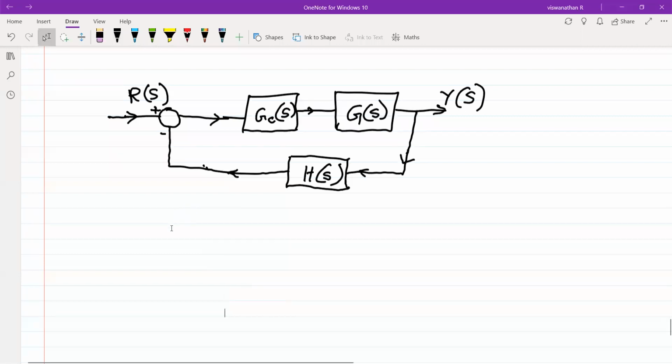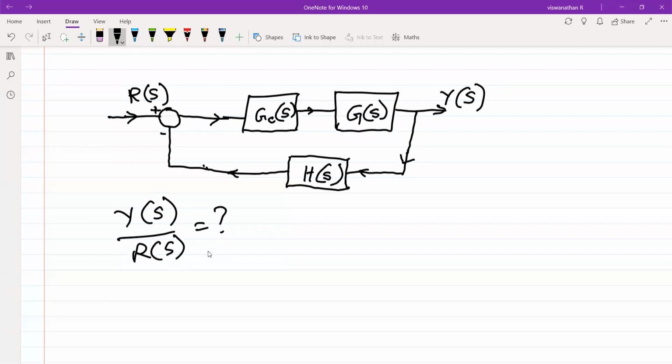Now if I have to get a transfer function for this, what do you mean by transfer function? I need to get Y of S by R of S. Y of S is the output, R of S is the input. Output by input is how much? This is what we need to find here.